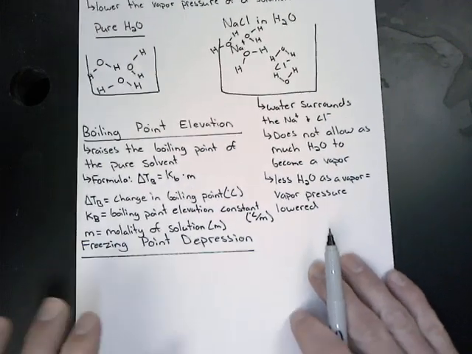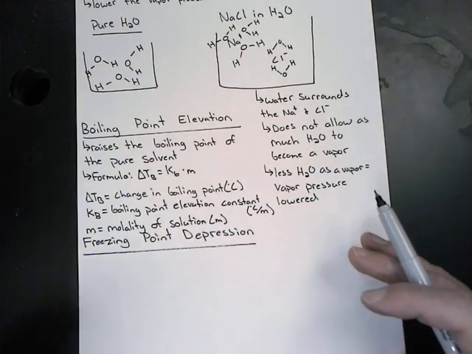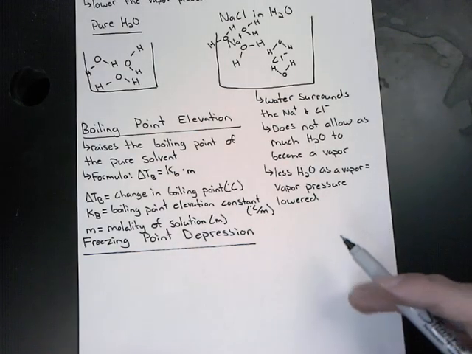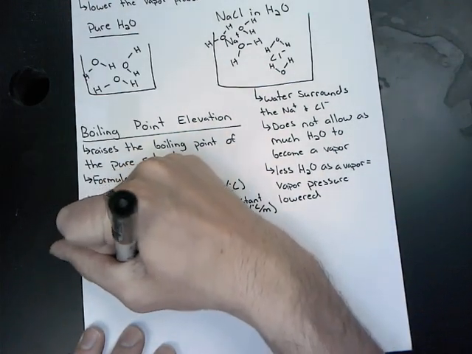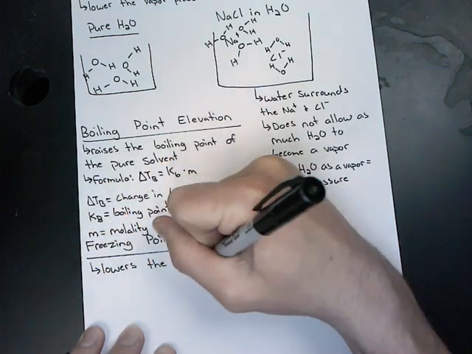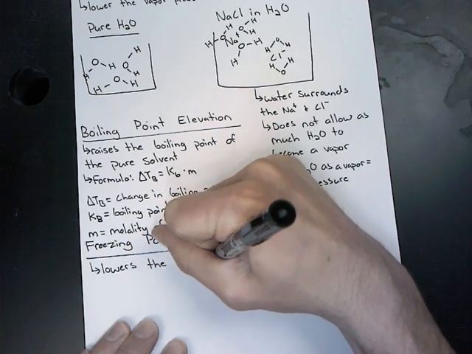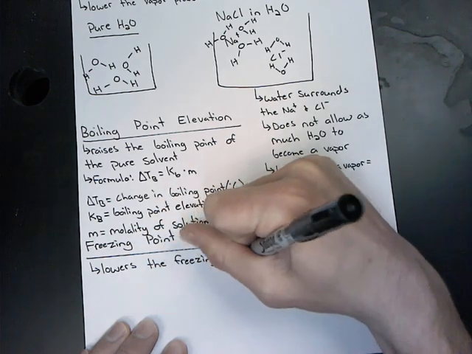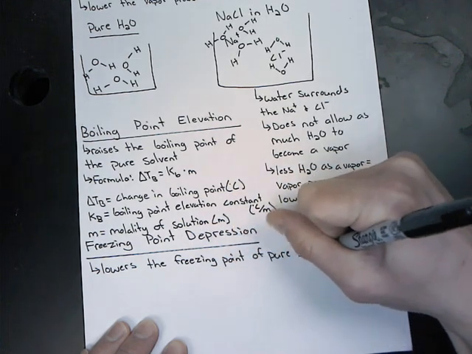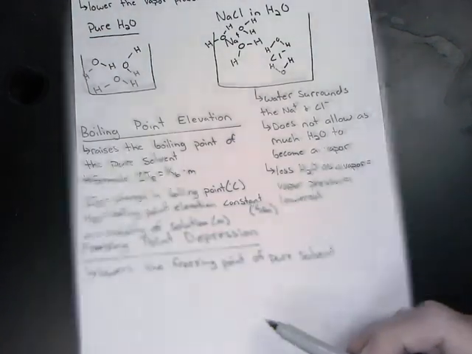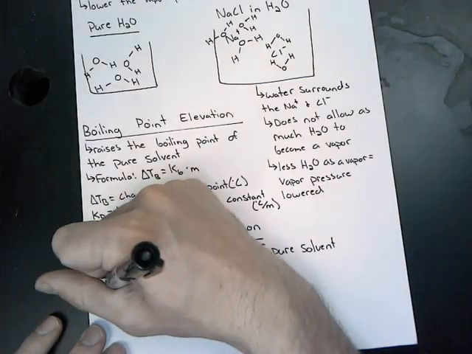Now, freezing point depression, very similar to boiling point elevation, except depression is going to lower the freezing point of the pure solvent. Now, the formula is very, very similar to that of boiling point elevation, and it is as follows.